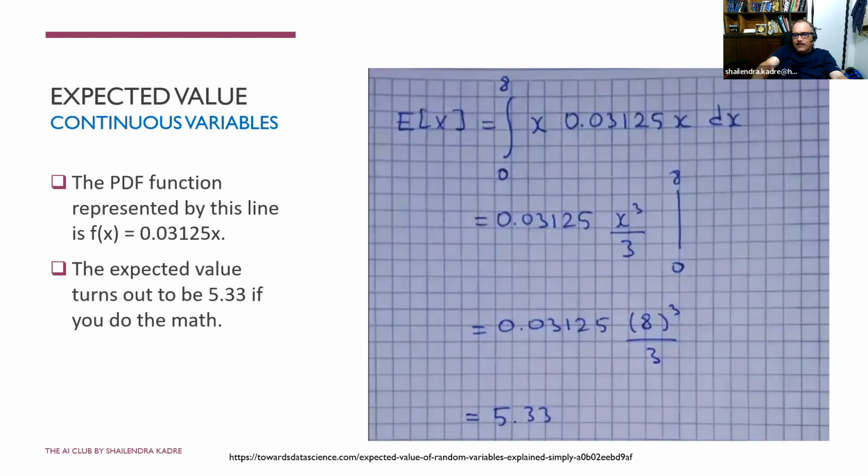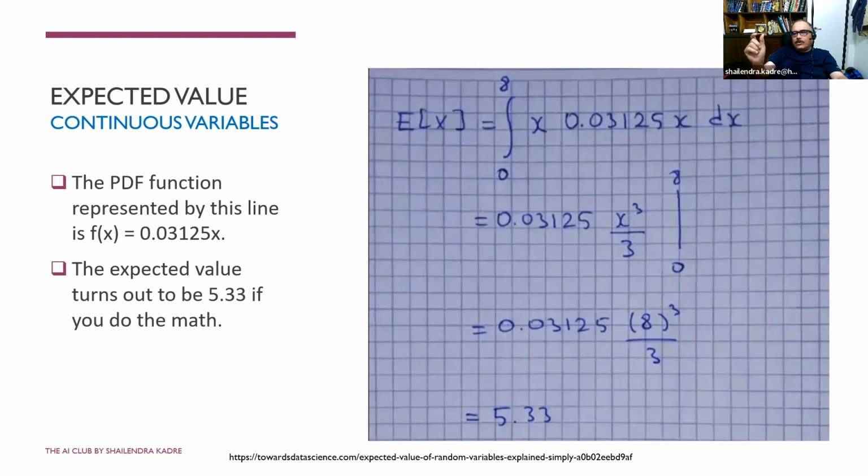Then minus, you have to put in the value of x as 0. So if I put x equal to 0 in this expression, 0.03125 x cubed by 3, what will be the value of E(x), guys?